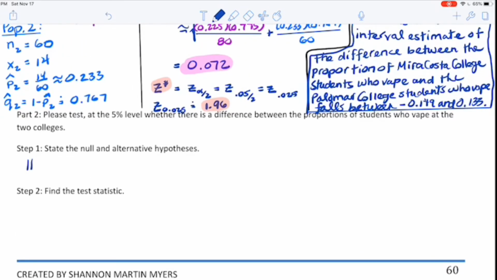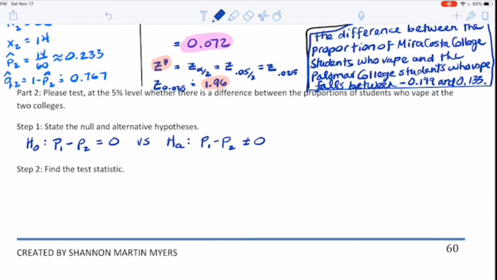So remember that our null is that there's no difference between these population proportions. So if there's no difference, then it means that P1 minus P2 would be 0. Versus the alternative, which would be that P1 minus P2 is not equal to 0. And so that is the basis of our test. And this not equal tells us that it's a two-tailed test, right?